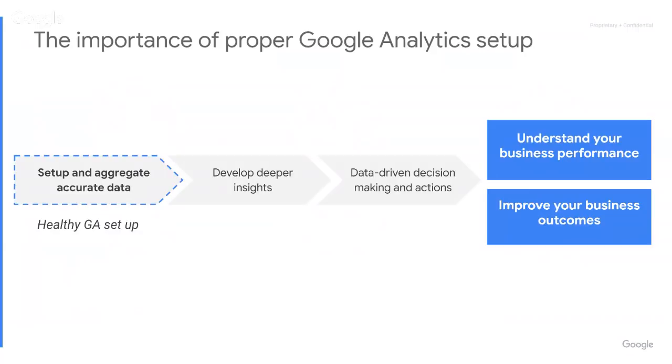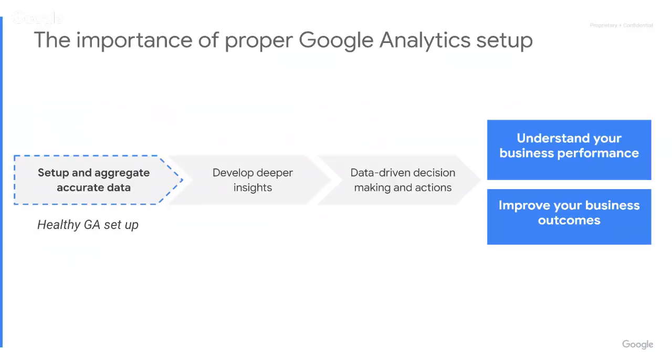Remember, a healthy analytics setup means getting 100% across all these 3 steps. So what are the 3 steps? The setup and aggregation of data, developing deeper insights, and then reaching a point where you can take data-driven decisions and action them.